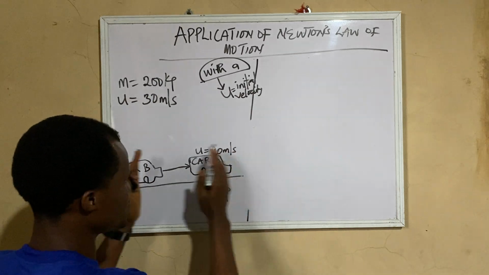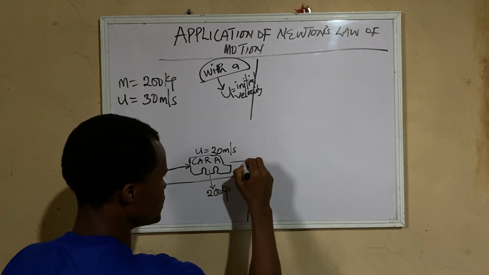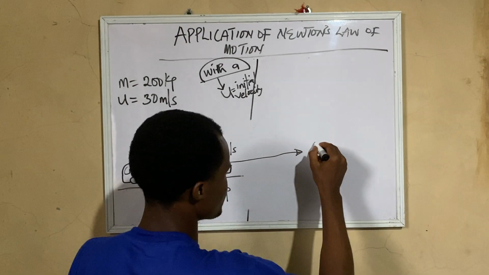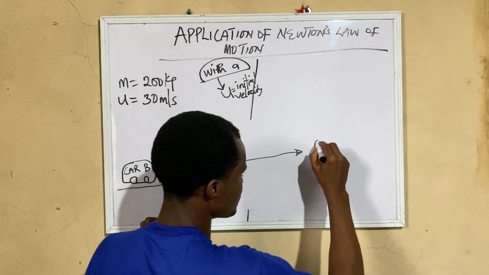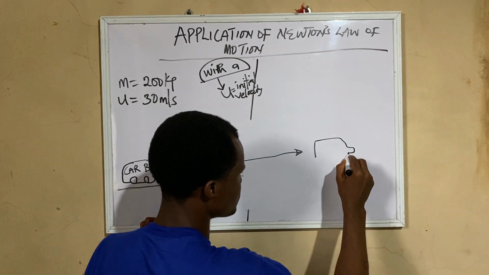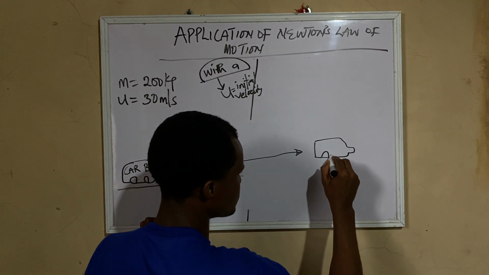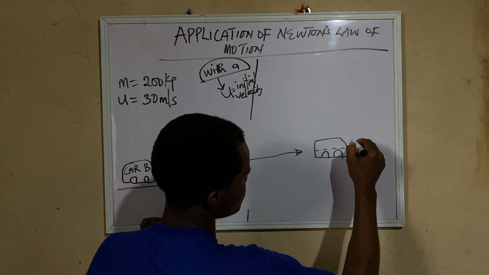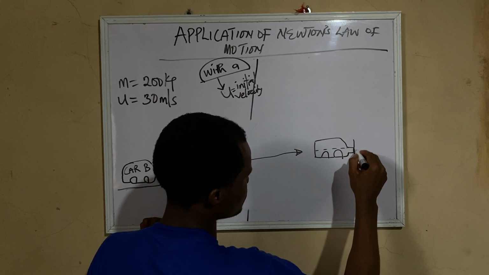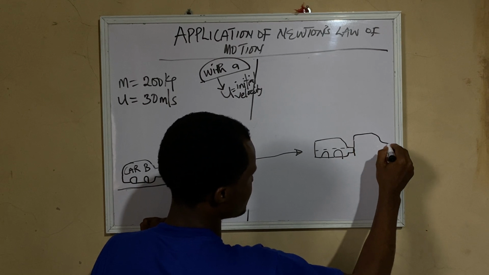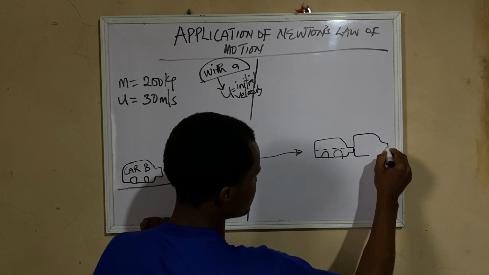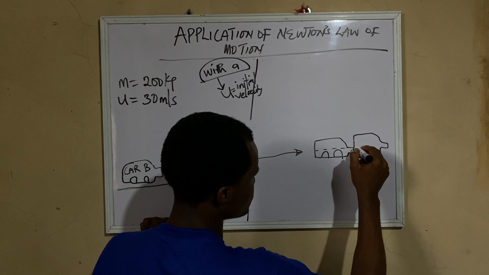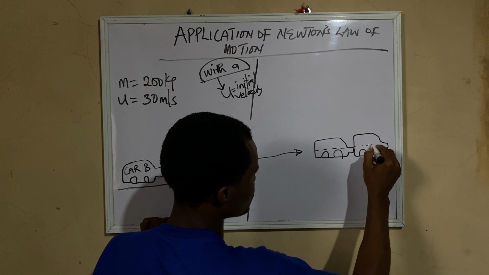So when the collision takes place, both of them go in the same direction. Now what does it mean? They move together. Both of them move together. So this goes into this.